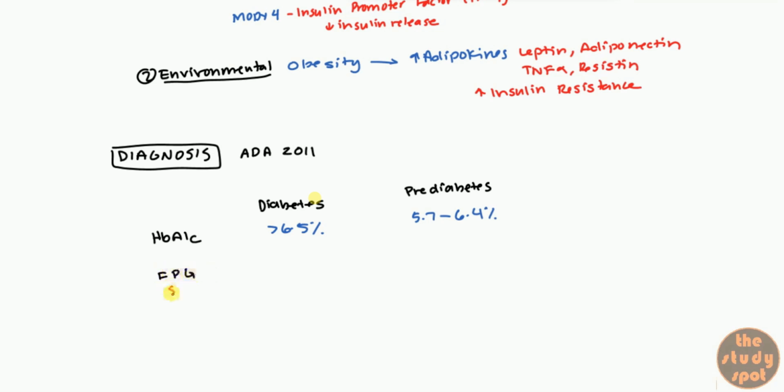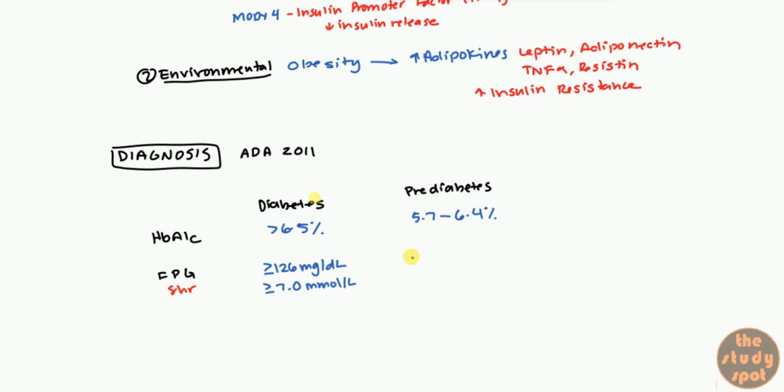The next is going to be fasting plasma glucose. The patient fasts for 8 hours, so generally when they wake up, they skip breakfast and come straight to the clinic or the lab, and they get their glucose checked. If the glucose is greater than 126 milligrams per deciliter or 7 millimoles per liter, then that's diagnostic of diabetes.